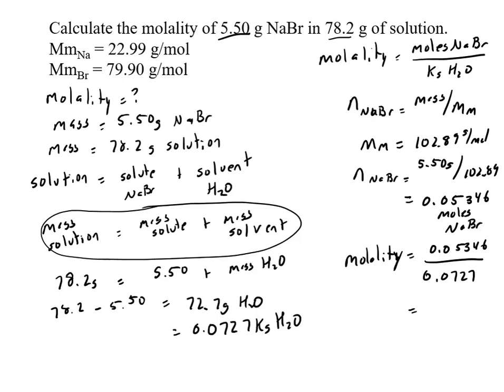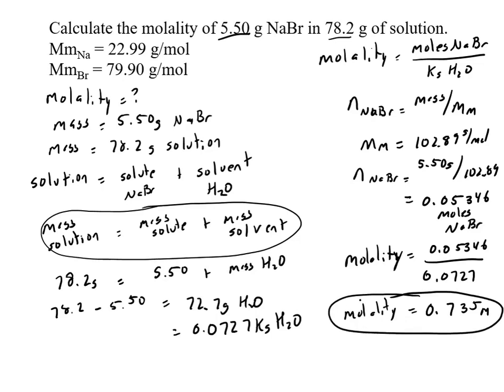Okay, all right, so 0.05346 divided by 0.0727. And I get, from that, 0.735, and it's with a lowercase m.